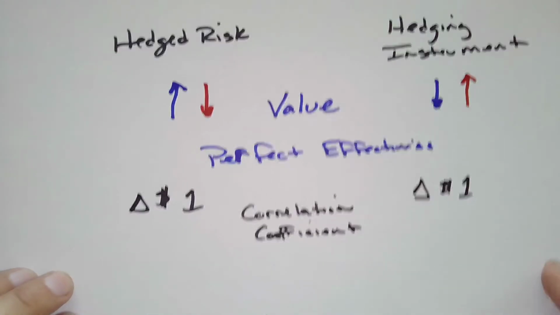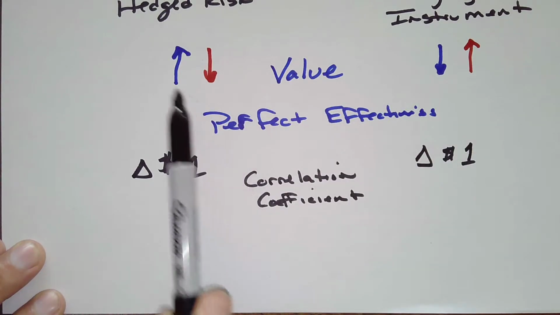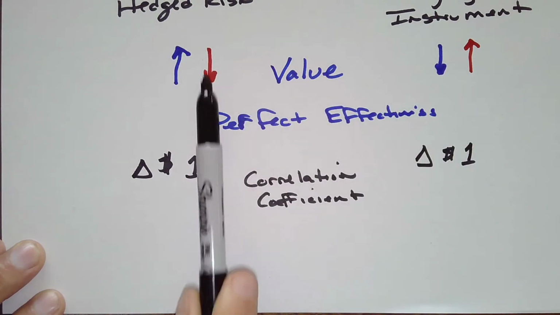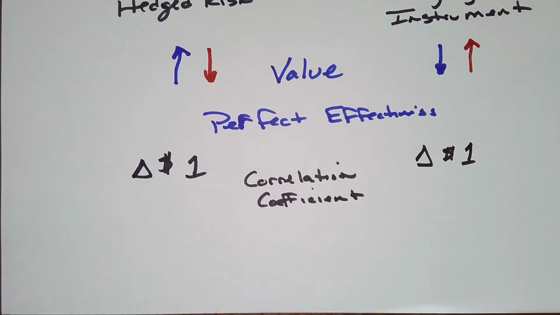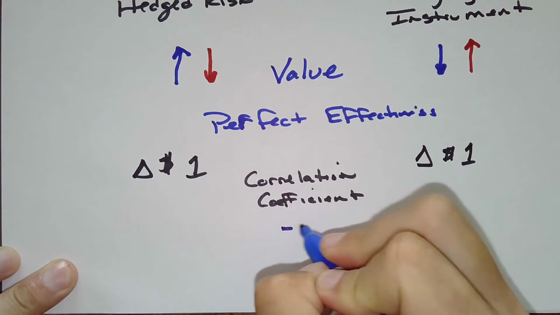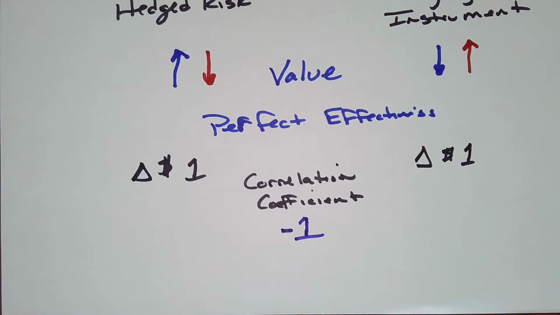What is the correlation coefficient of this perfect effectiveness? This goes up, this goes down, this goes down, this goes up by exactly the same amount. The correlation coefficient for a perfectly effective hedge should be -1. Okay? If you can brush off your old statistics knowledge.